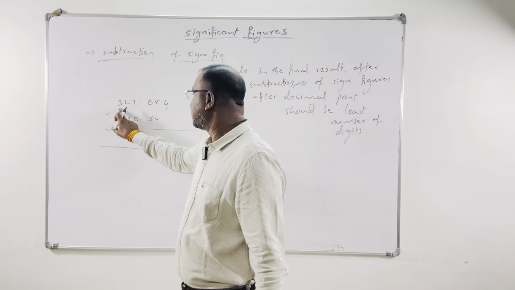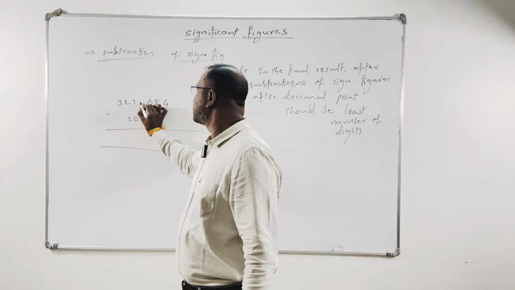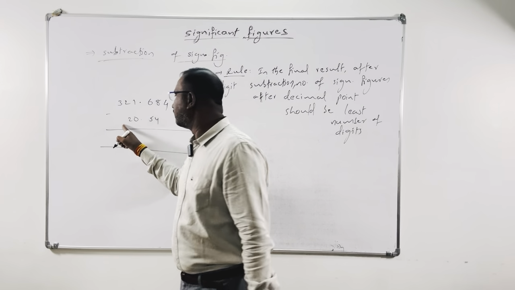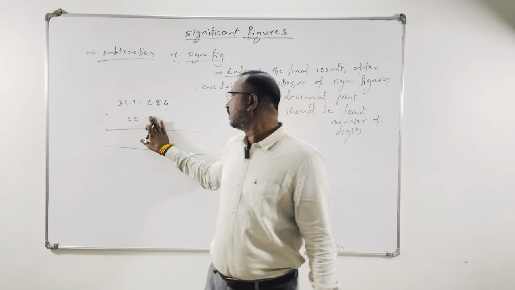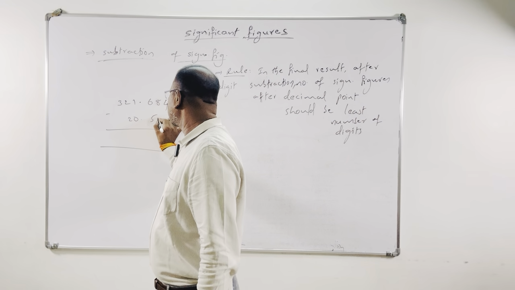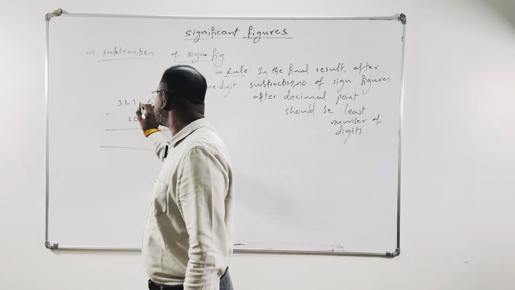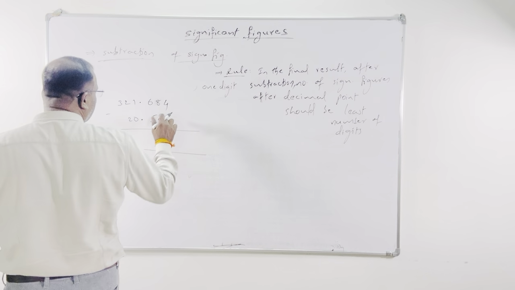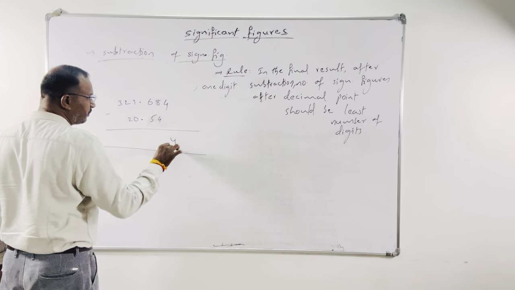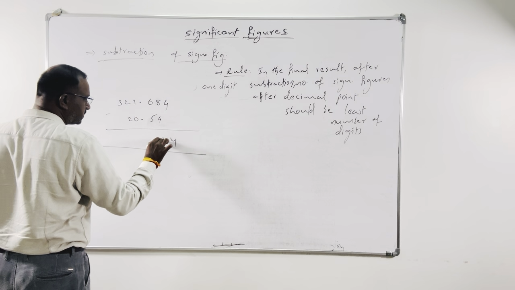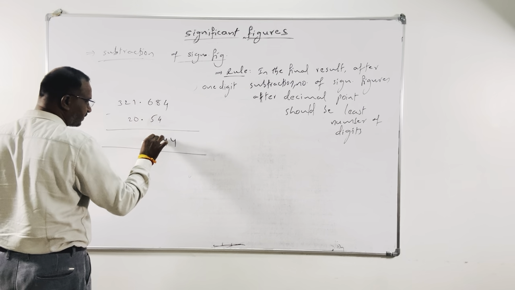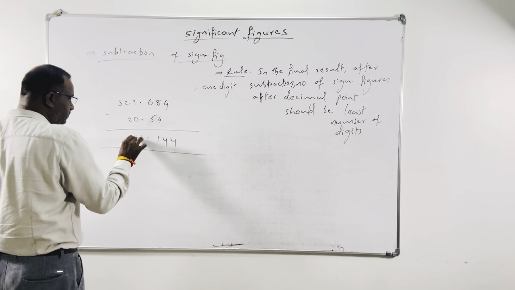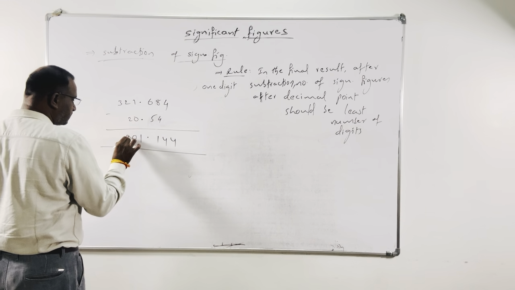So I am doing 321.684 minus 20.54. This is the decimal point, this is the decimal point. If you do the subtraction here, 4 minus 0, 4 will be there. 8 minus 4, 4 will be there. 6 minus 5, 1 will be there. 1 minus 0, 1 will be there. 2 minus 2, 0 will be there. 3 minus 0, 3 will be there.